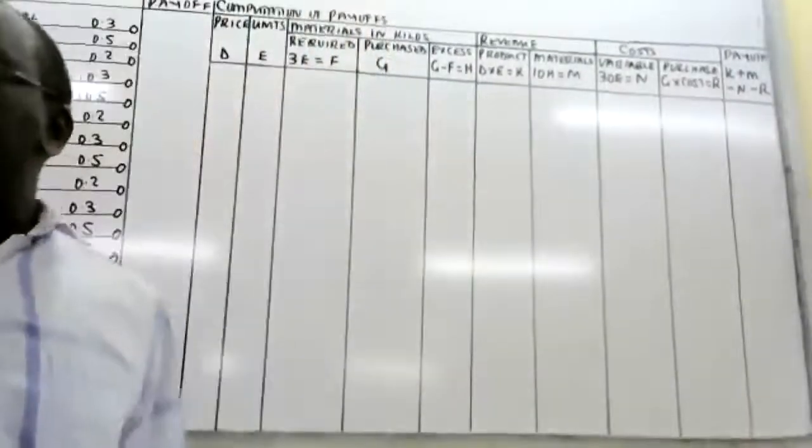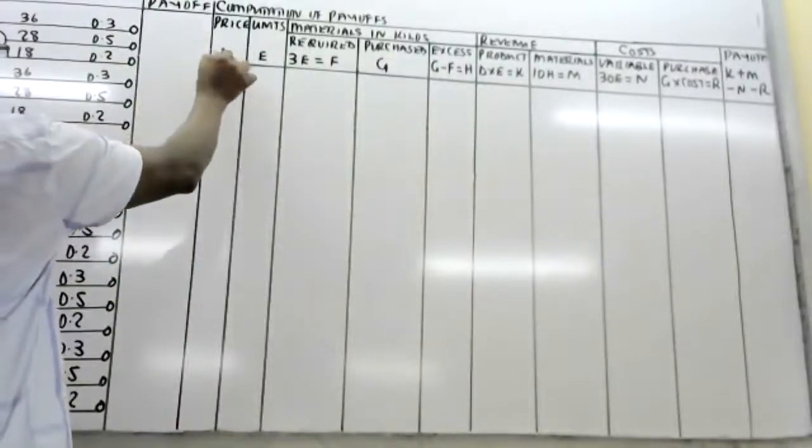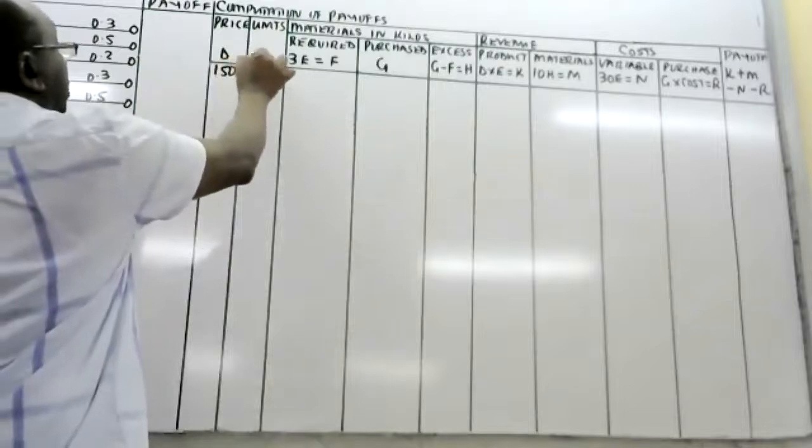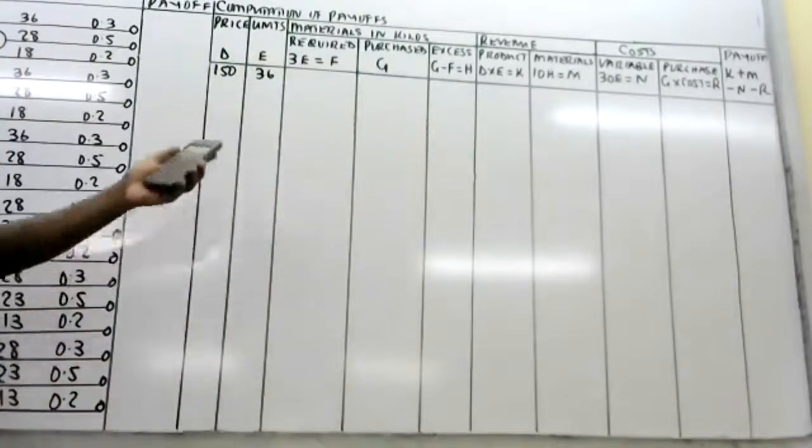So let us start now the workings. When the price is 150, the first demand can be 36. So you say 36.